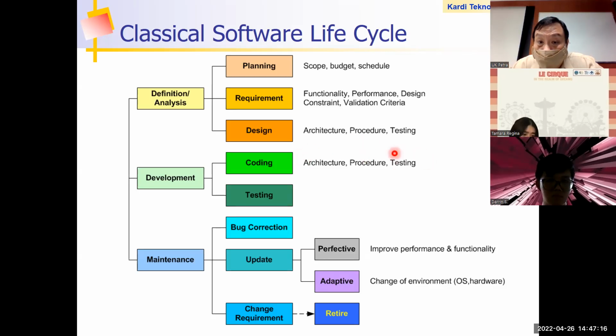The testing in here is the design of the test. Again, this is the architecture process to testing. Usually, the design of the test mostly has these three: unit test, integration test, and acceptance test.